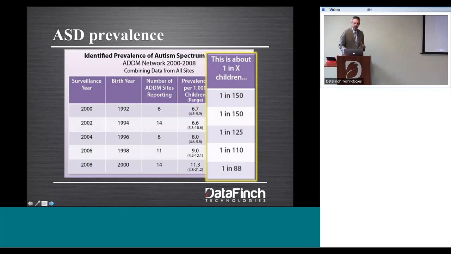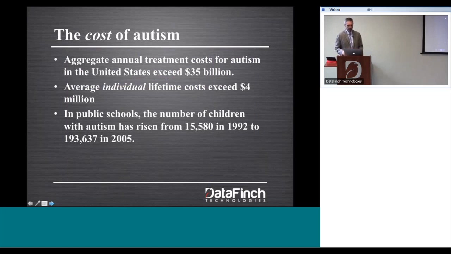The implications for us are there are many more people diagnosed with autism today than ever before. And this number continues to rise, and it, of course, has implications for our healthcare industry, for education as a whole, and in fact, it gets very expensive.